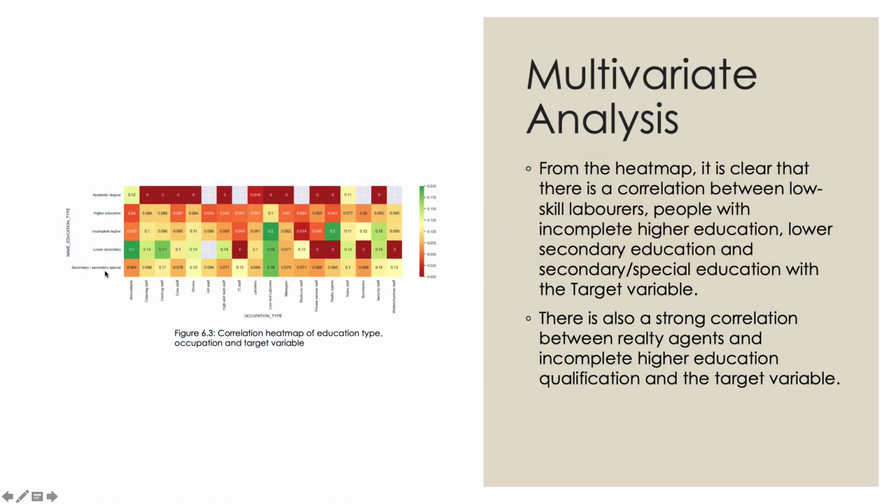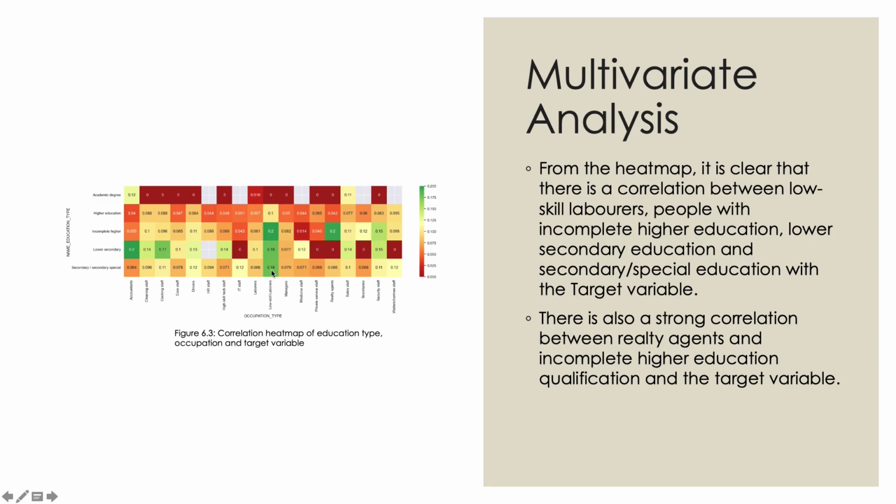And then I also checked the education type, which was very interesting as well. Education type, occupation type, and the target variable. We can see that low skill laborers, who obviously come up again, basically show that you should avoid them when giving out loans, or carefully look at their applications.